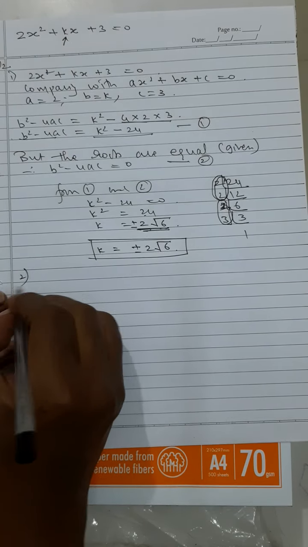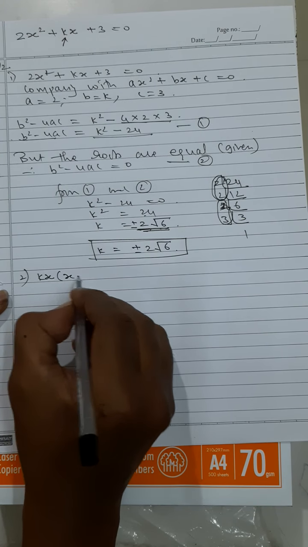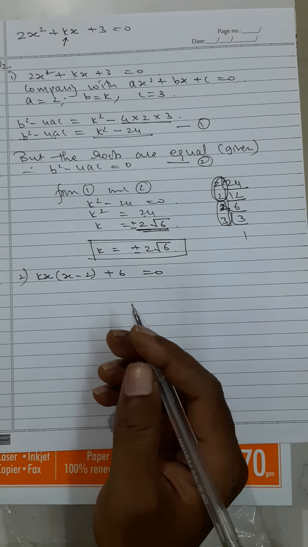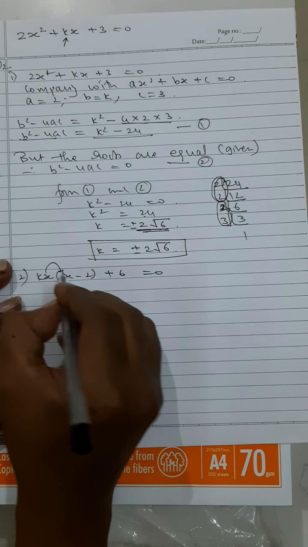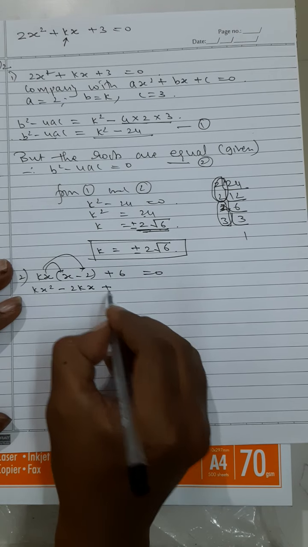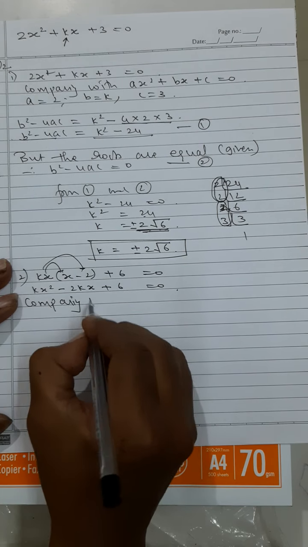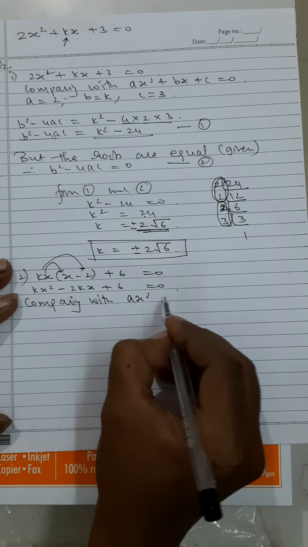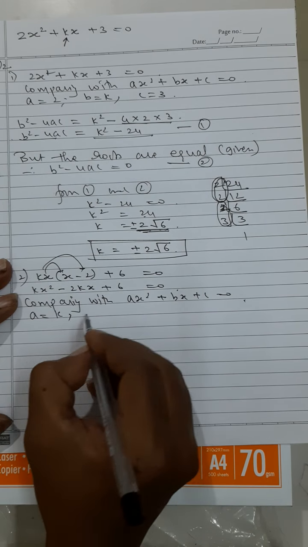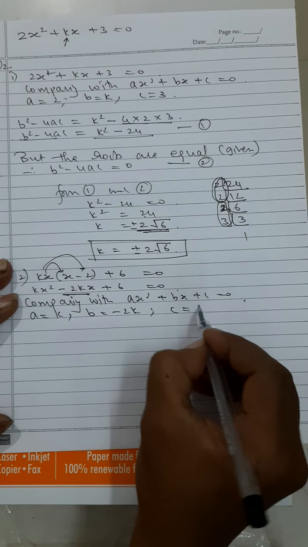Okay, so second question, they have given kx into bracket x minus 2, plus 6 is equal to 0. Same thing, you have to find k, roots are equal is given. So first I will solve this and open the bracket: kx square minus 2kx plus 6 is equal to 0. Now, comparing with ax square plus bx plus c is equal to 0: a is equal to k, b is equal to, remember, coefficient of x, minus 2k, and c is equal to 6.